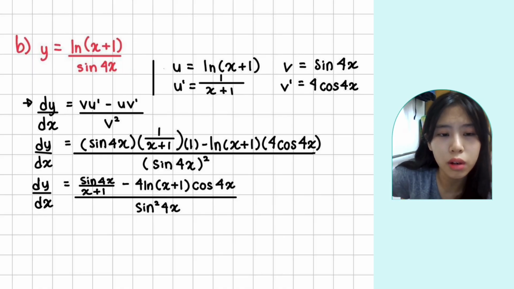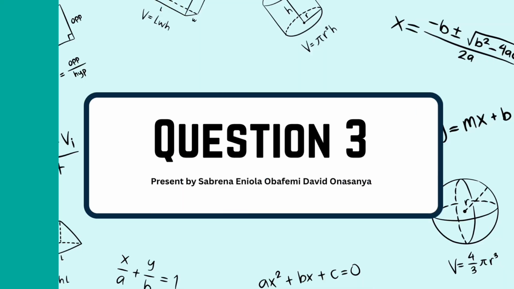We get dy/dx = (sin 4x times 1/(x + 1) minus ln(x + 1) times 4 cos 4x) over sin²4x. Lastly, we get our final answer, which is dy/dx = sin 4x/(x + 1) minus 4 ln(x + 1) cos 4x, over sin²4x.